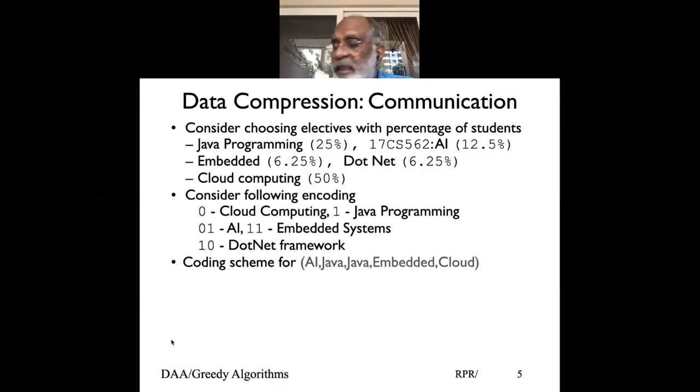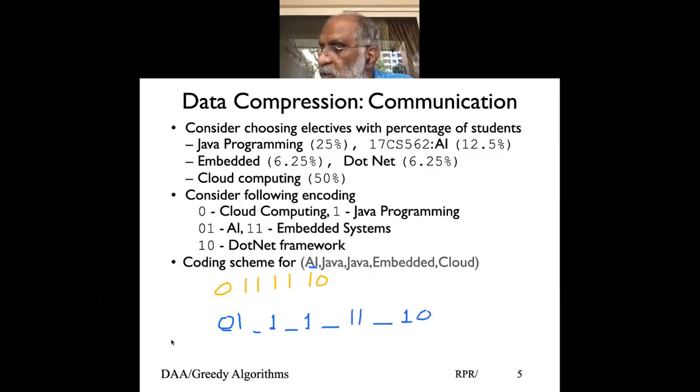So unless I separate these codes, like the code given was 0, 1, 1, 1, 1, 1, 0, rather than writing this, we need to put a space or something of that kind. So the coding would become 0, 1 for AI, then a space, then Java, which is 1, then another space, 1, another space, 1, 1, another space, 1, 0.